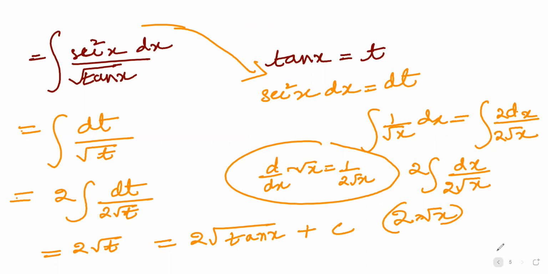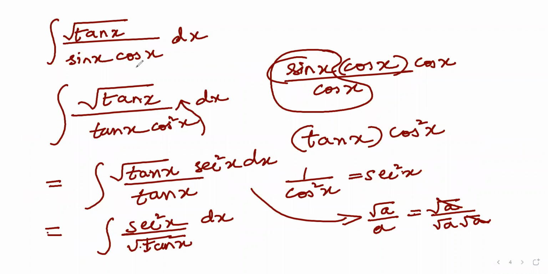Yes, so we started off with this root tan x. I modified it because I know there's a connection between tan and secant, isn't it? d by dx of tan x is secant square x, and that's how I chanced upon this. I felt this method is suitable, wherein I can use substitution later on.